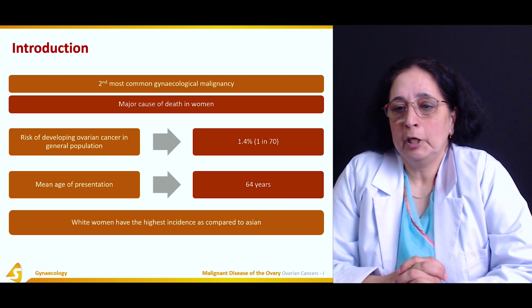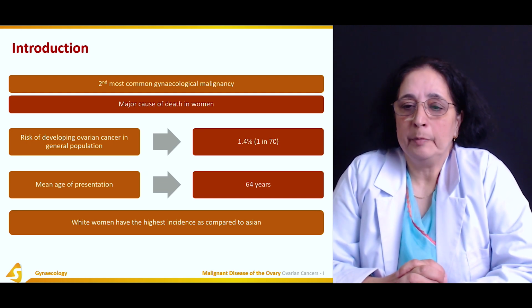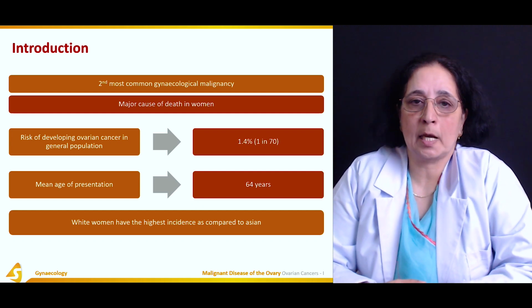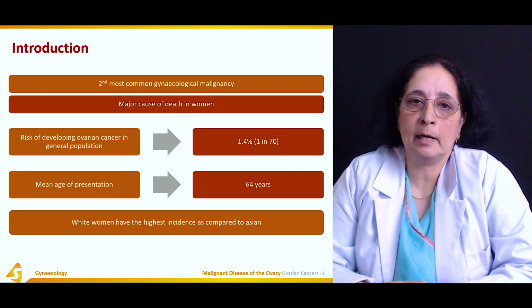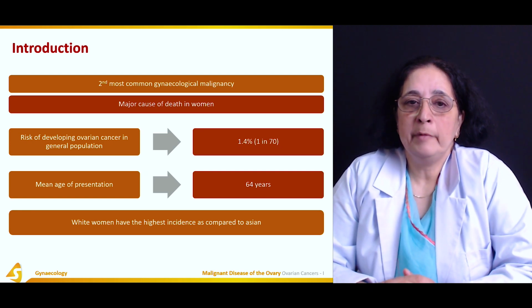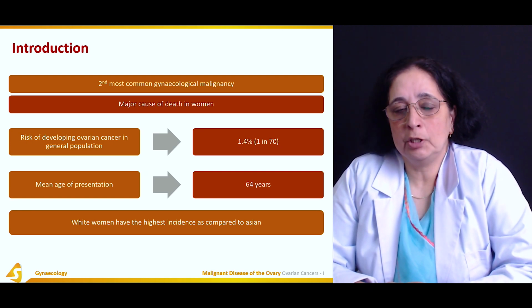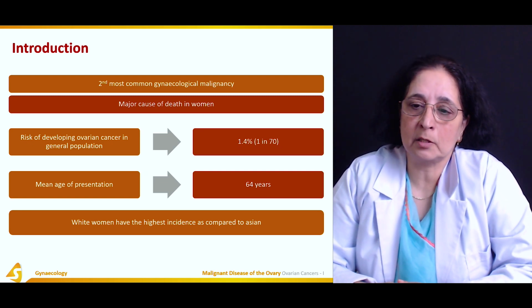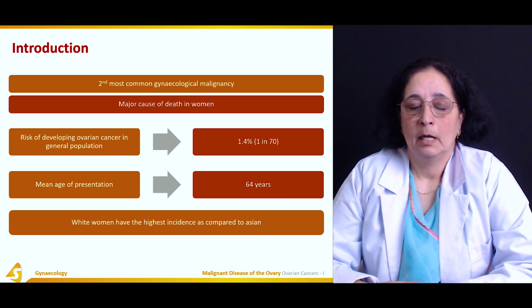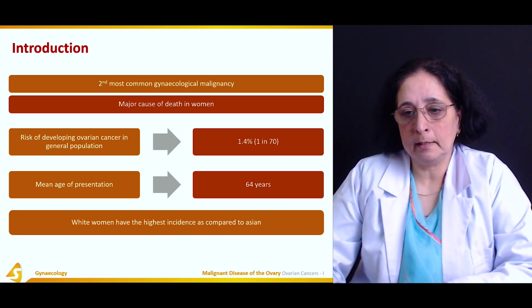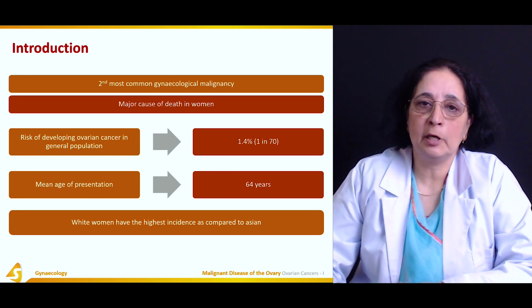In the general population, the risk of developing ovarian cancer is about 1.4%, which is about 1 in every 70 women. The mean age of presentation is about 64 years. It is more common in white females than in other races, compared to Asians.